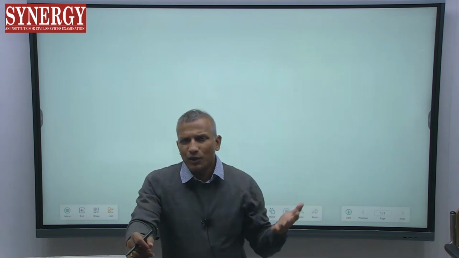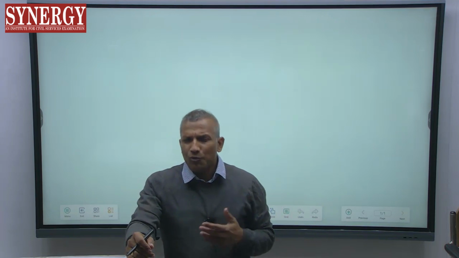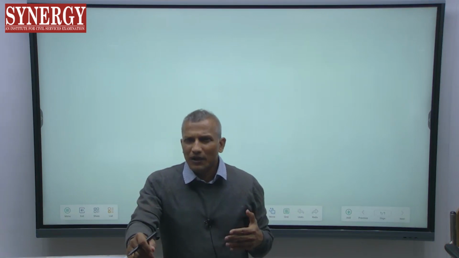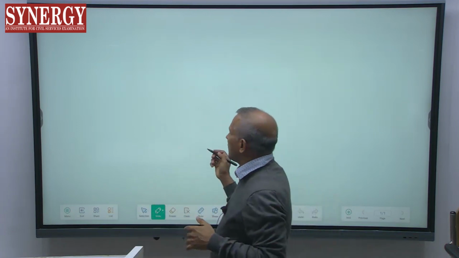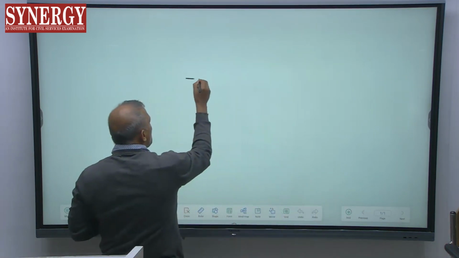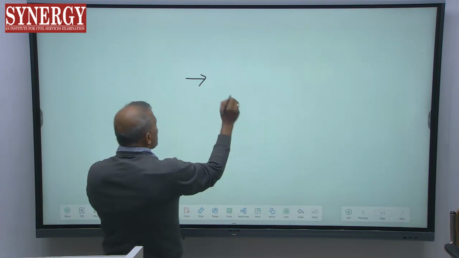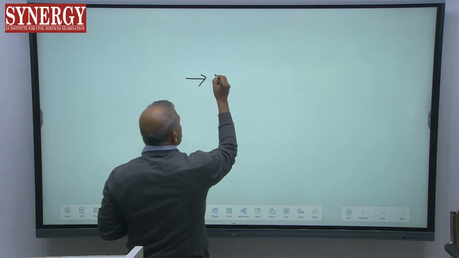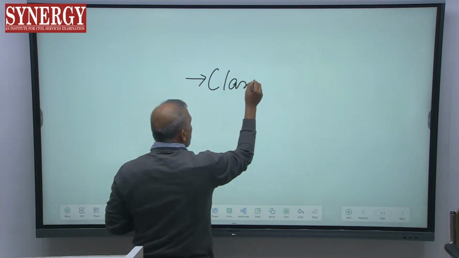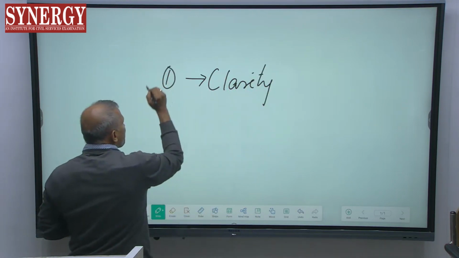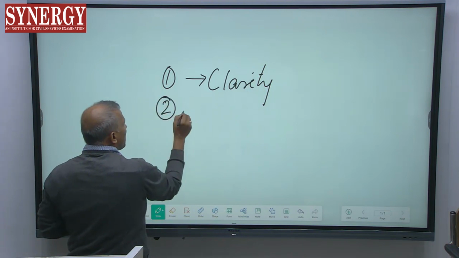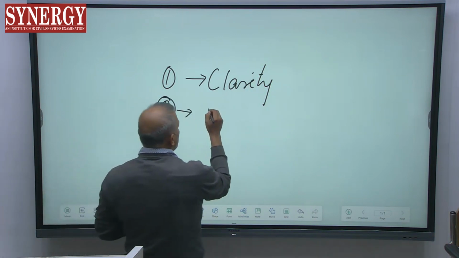Now, while writing your answers, I would say keep in mind 4 important elements. Your answer should actually include these 4 important elements. One is the clarity. The second is the content.